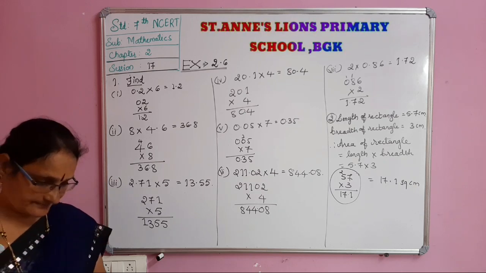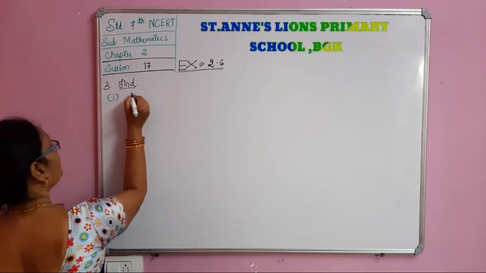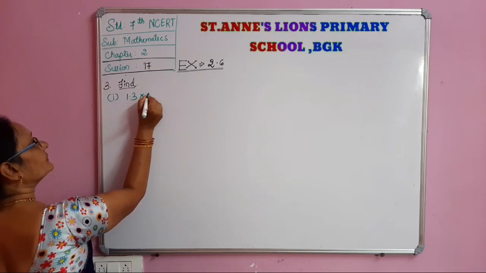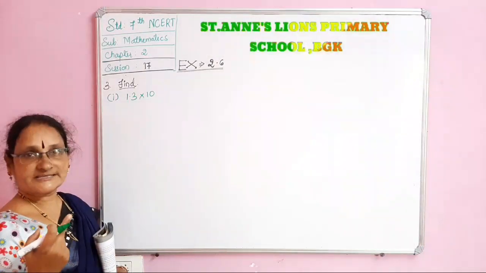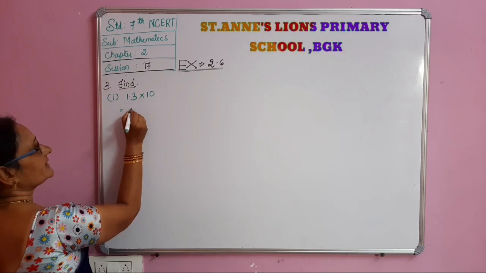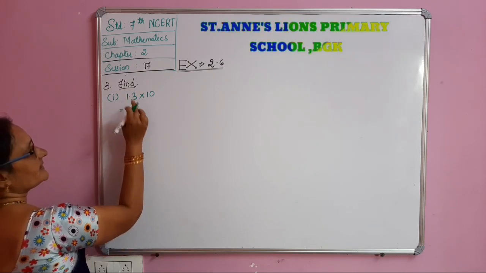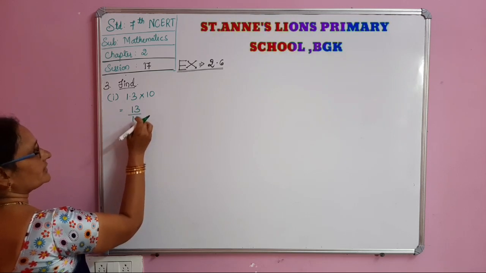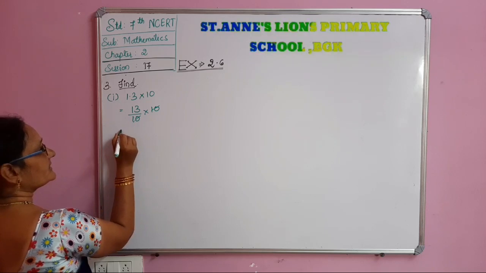Please copy it. First one, 1.3 into 10. Already this type of problems I just explained you. See, the same way now, 1.3 can be written as 13 by 10. This is 10's place, there will be point now. So 13 by 10 into 10. These two will get cancelled.